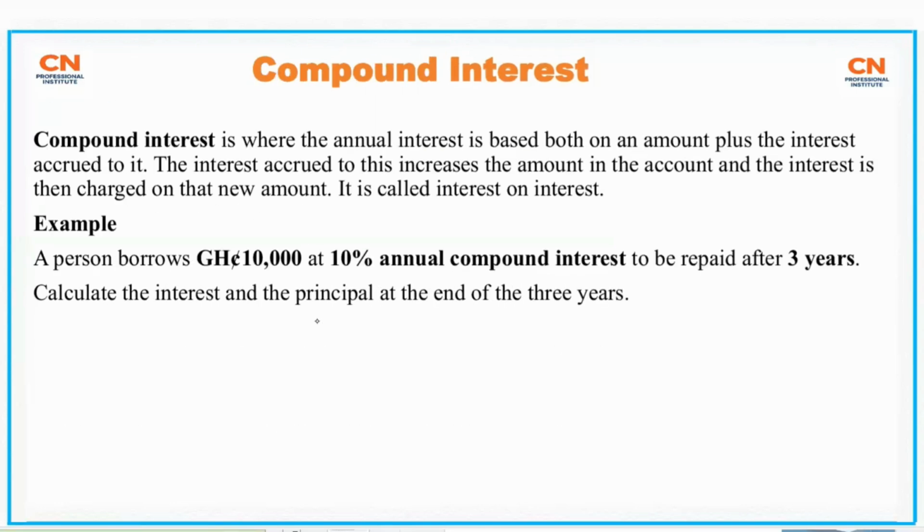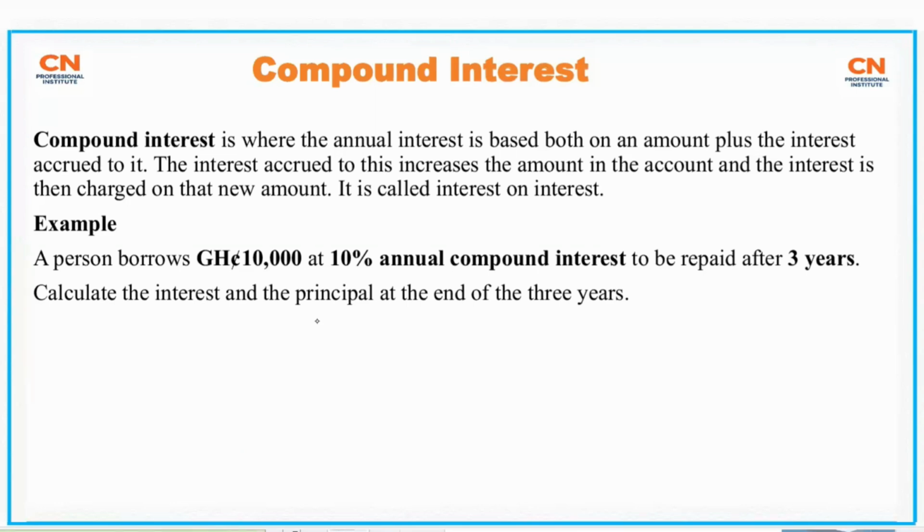With compound interest, it is slightly different. What happened is that with compound interest, both the principal and the interest, they earn interest. So sometimes we call compound interest interest on interest, because the principal amount invested will earn interest, and the initial interest will also earn interest.